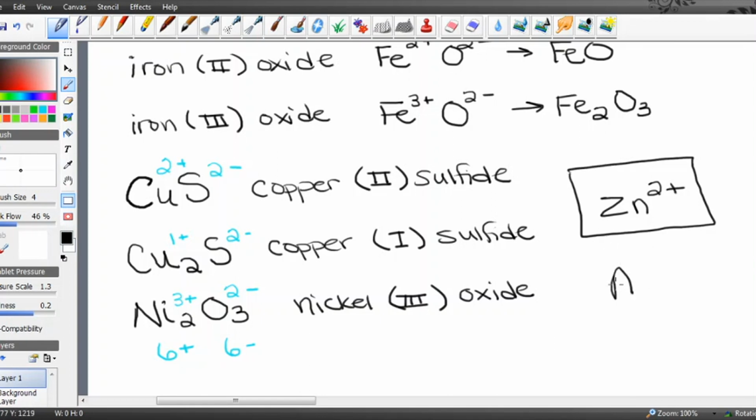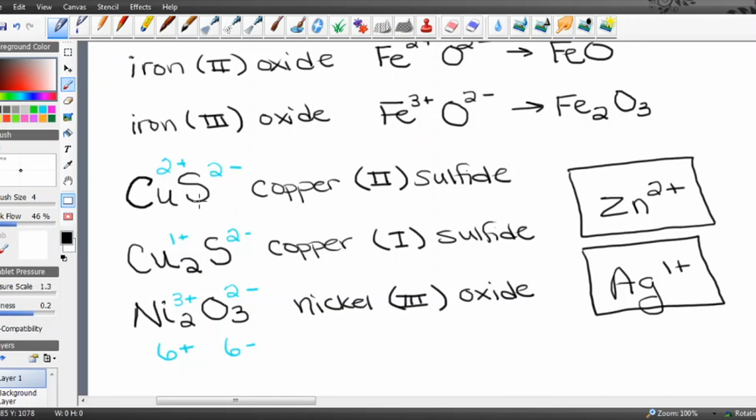And silver always has a 1+ charge. So you're not going to see Roman numerals in the name for silver either. Probably should have talked about that when we were labeling our charges on our periodic tables. Maybe you guys could go back to your periodic tables and circle zinc and circle silver. They will always be 2+ and 1+ respectively. Okay.